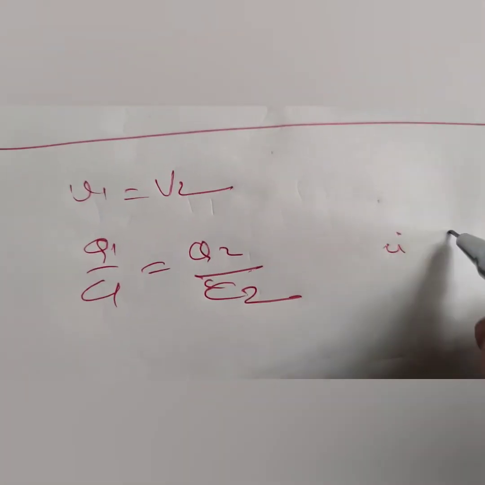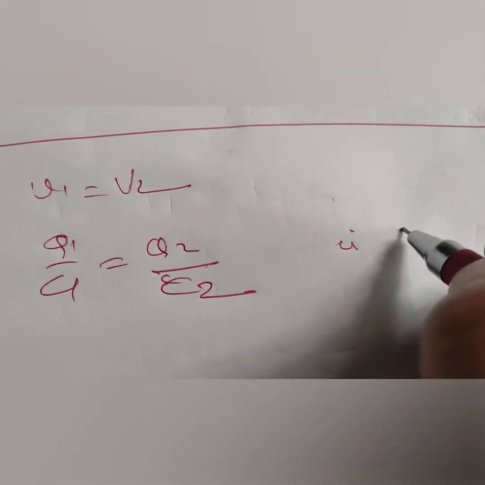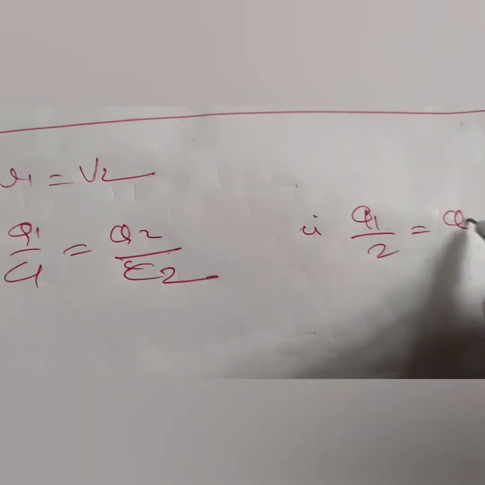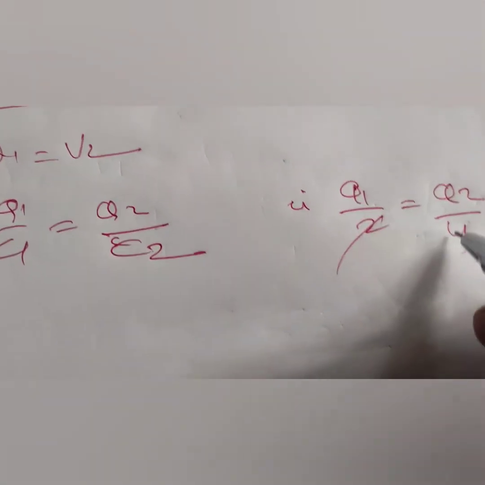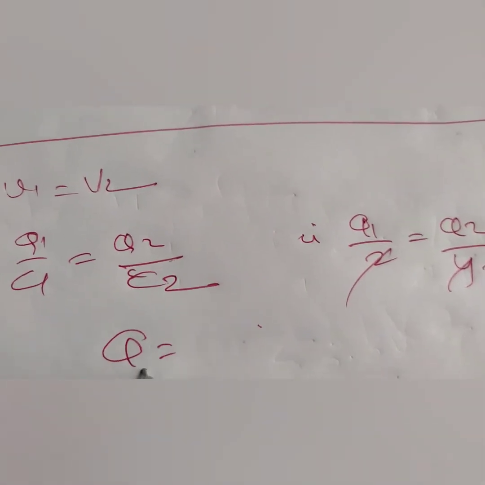That is, Q1 by 2 is equal to Q2 by 4. Cancel out, Q2 is 2Q1.